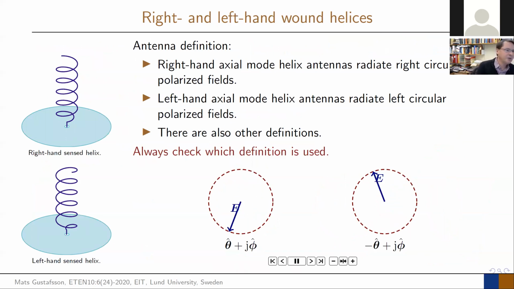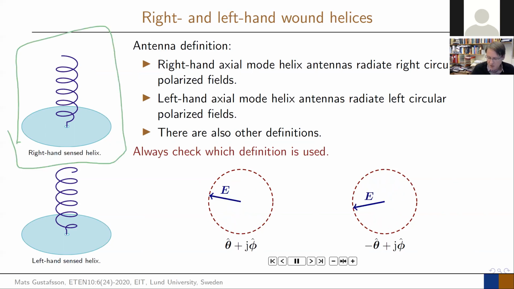So if I now would like to define what is this right and left in some ways, there are different definitions. And the antenna definition is that you actually look at your helix antenna. So you can look at how you have done with your helix that sits there. So this is a right hand sensed helix. So put your right hand side of it, the thumb points up, then you're really following basically with your fingers around it.